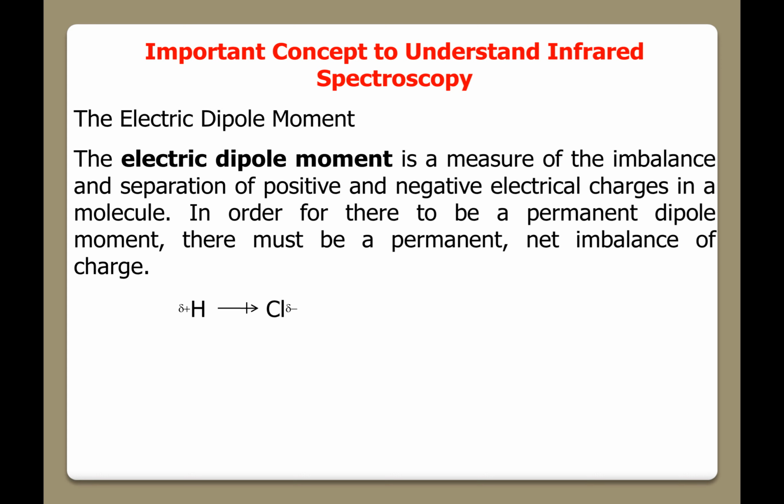Like you can see in the molecule of HCl, the central electron pair has shifted toward the electronegative chlorine, and the hydrogen has become deficient, so it has acquired a partial delta positive charge, and chlorine has the delta negative charge.